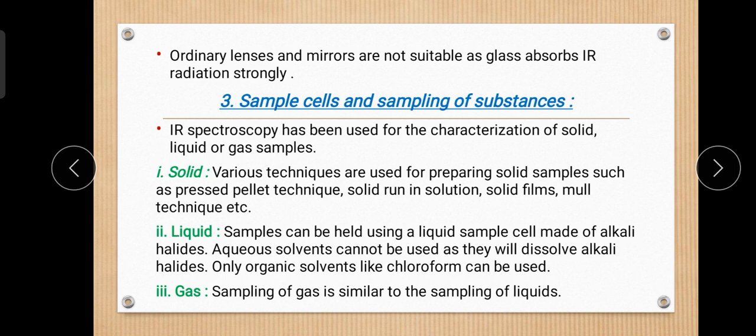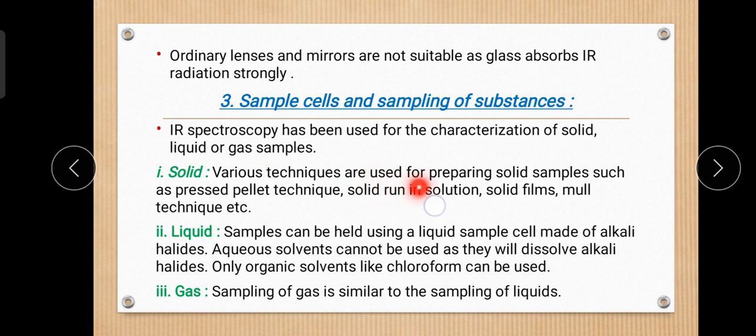Now the next important part of the IR spectrophotometer is the third one, the sample cells and sampling of substances. IR spectroscopy has been used for the characterization of solid, liquid or gas samples. So these three types of materials, solids, liquids and gases, can be used as samples. The first is solid material.